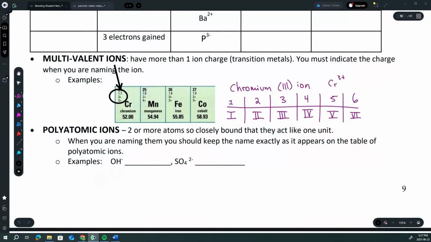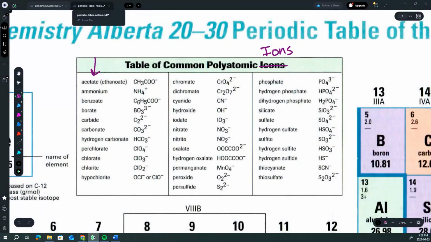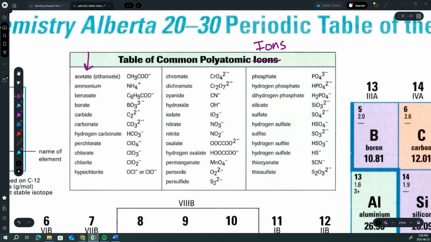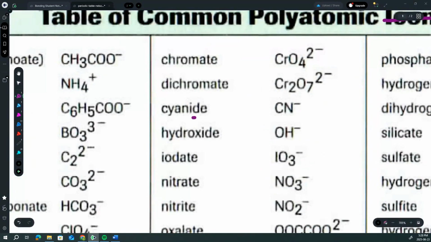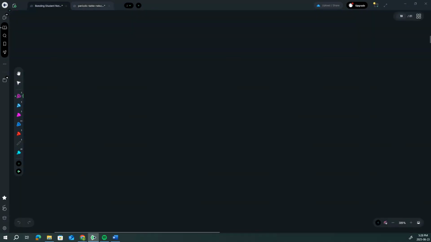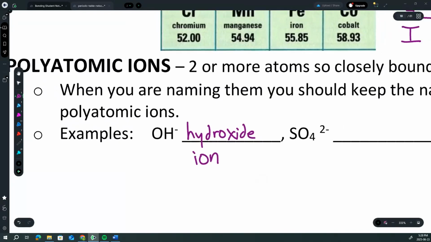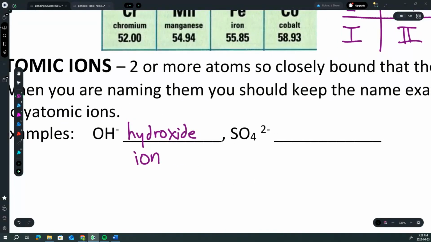So, for example, OH1-. If we look on our table, these are organized from top to bottom alphabetically. So, if I see OH1-, that's a hydroxide ion. SO4 2-.